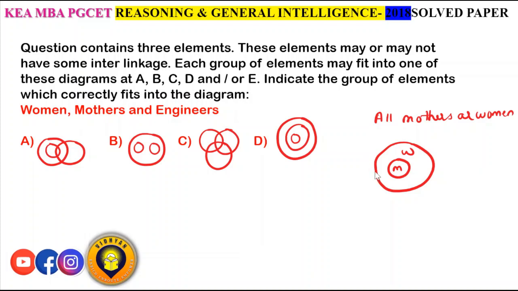So engineer, mother and woman represent this diagram. So some women are engineers, some mothers are engineers. Therefore, which diagram satisfies now? That is option A, satisfies the following question.